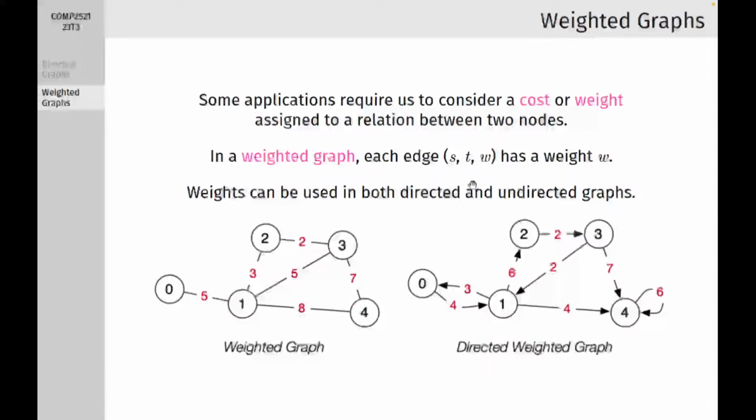Each edge s-t has a weight w, so we have a weight associated with an edge. So here is a weighted graph, which is undirected. You can also have a directed weighted graph.